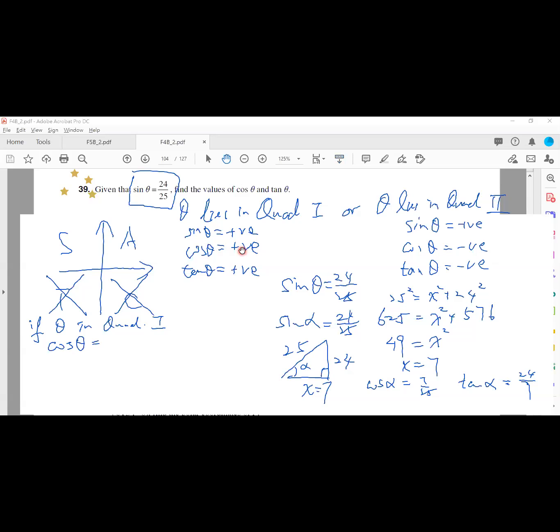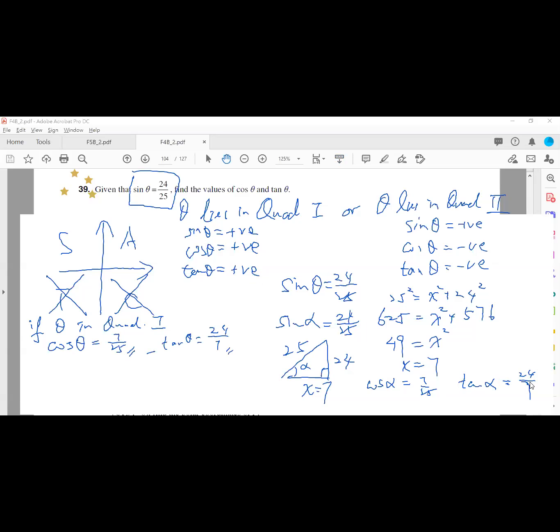Positive what? Positive 7/25. And tangent theta is also a positive number. Positive what? Should be positive 24/7.